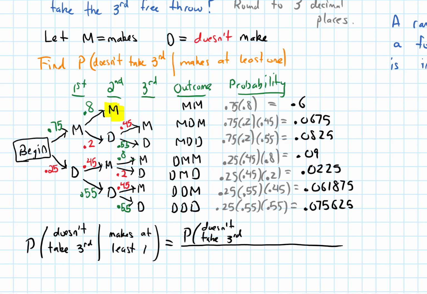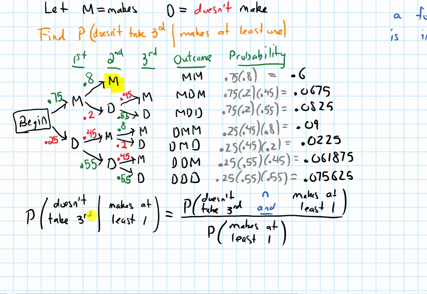And then we'd write an intersection, which is the word and, that she makes at least one. That's on the numerator. On the denominator, it's the probability that she makes at least one. Whatever we are given goes on the bottom.